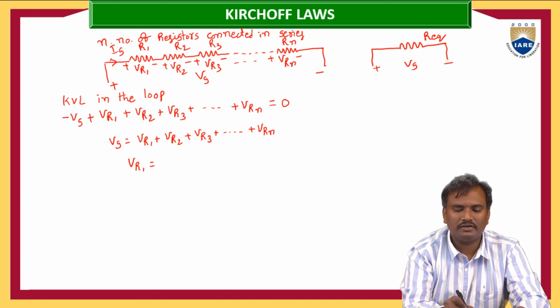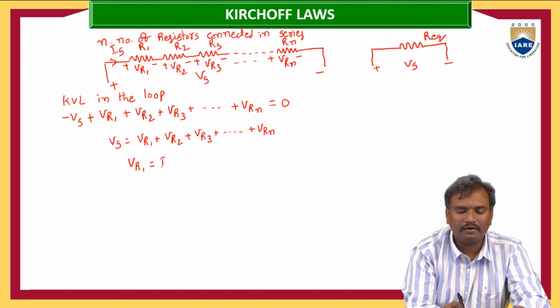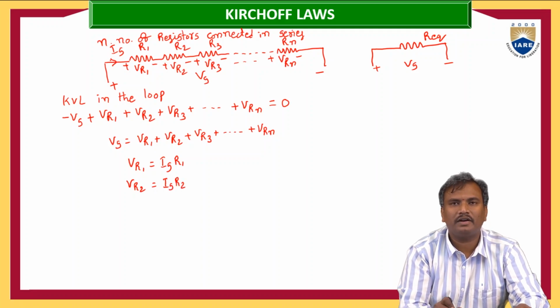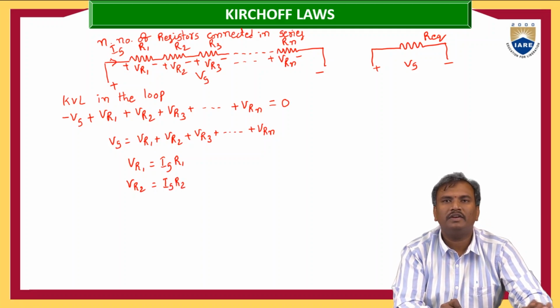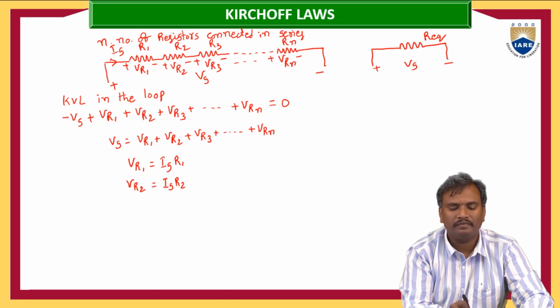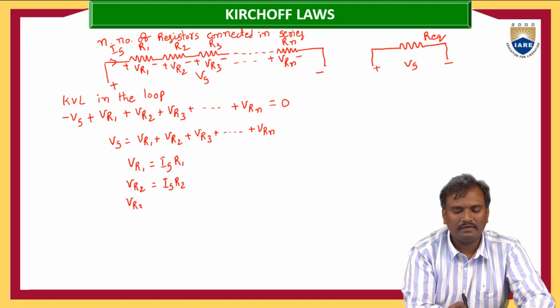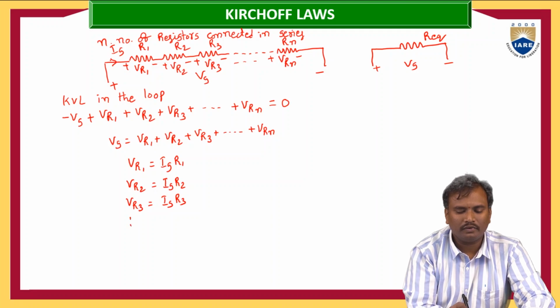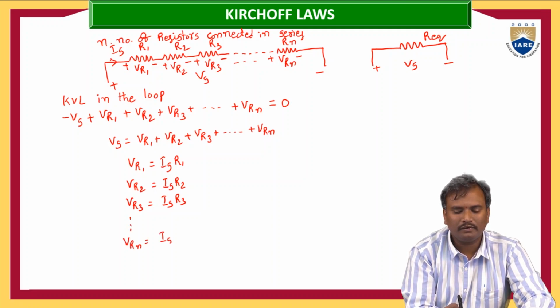So VR1 is equal to Is into R1 and VR2 is equal to Is into R2. This is from Ohm's law where V is equal to IR at constant temperature, and VR3 is equal to Is into R3, and so on. VRN is equal to Is into Rn.